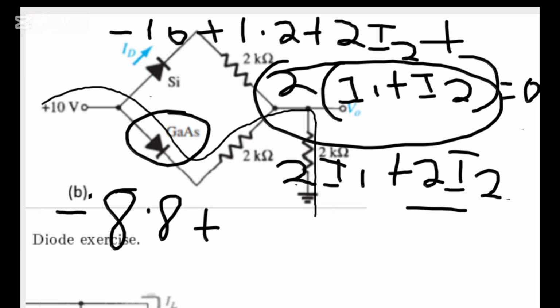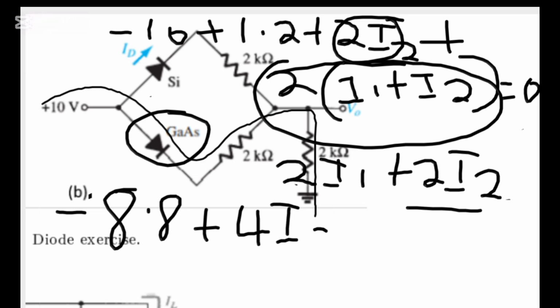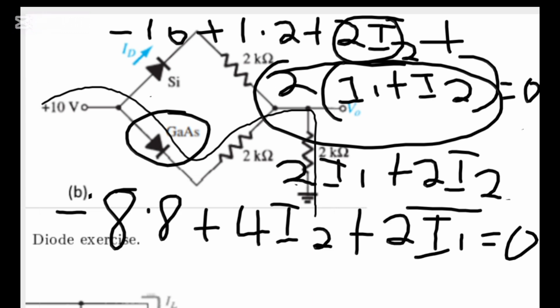And don't forget, we have 2I2, so they will sum together, and I will end up with 4I2. So I have to say 4I2 plus 2I1 equals 0.